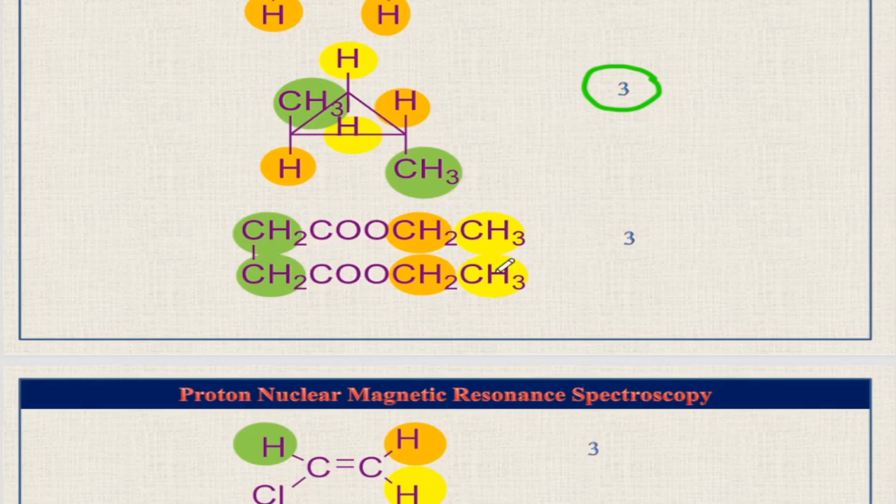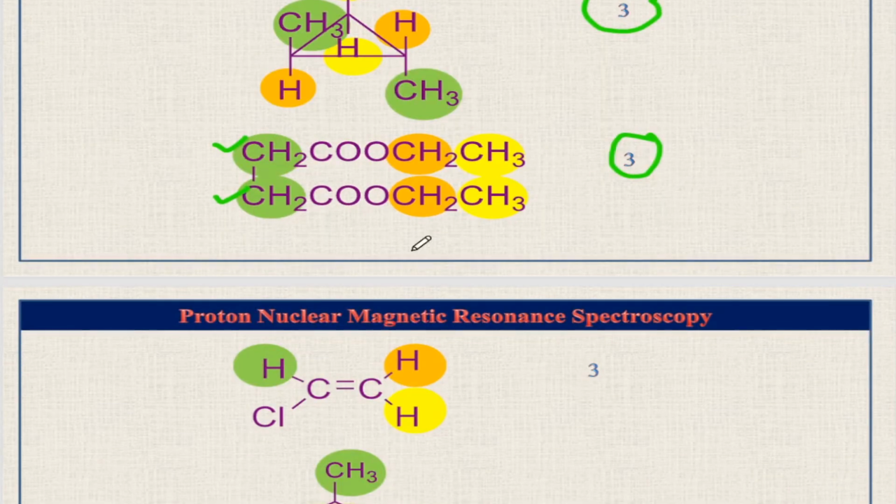This compound has three sets of protons, so it gives three NMR signals. This CH3 and this CH3 are equivalent, this CH2 and this CH2 are equivalent, because the environment of this CH2 is COO, and the environment of this CH2 is also COO. So both electronic environments are the same. So it gives three NMR signals.